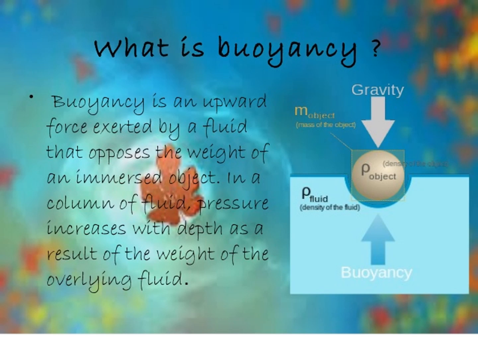Such an object is known as positively buoyant. But if the object weighs more than the amount of water it has displaced, buoyant force is less and the object will sink. Such an object is known as negatively buoyant.